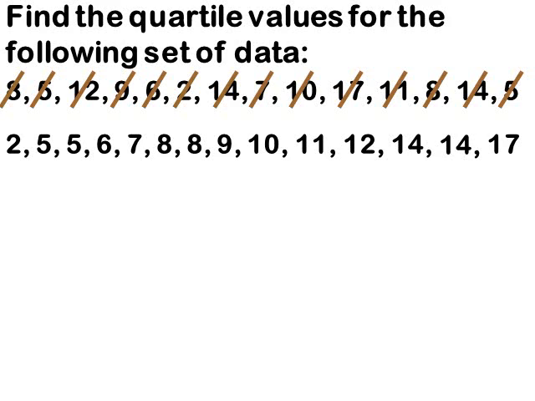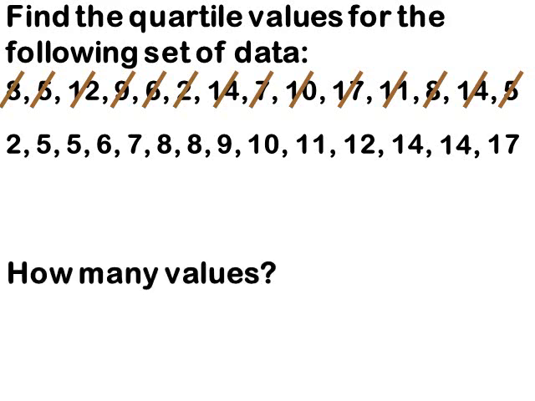Now we're going to find the median, or the middle. In order to do this, we have to count how many total values we have. We have 14 total values in our data set. So we have 2 groups of 7 if we're going to split it down the middle.